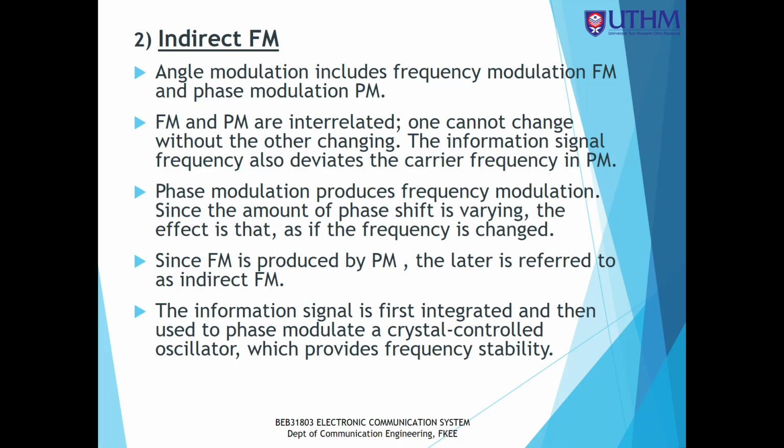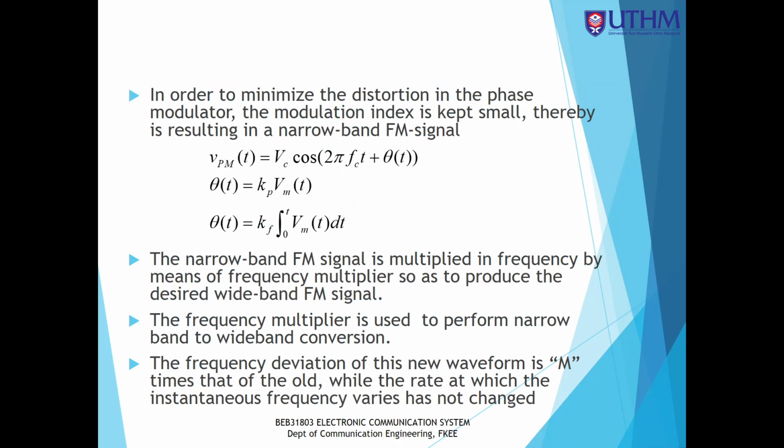Okay. So, in this case, okay, macam mana dia buat? So, perhatikan ayat di sini. The information signal is first integrated and then used to phase modulate the crystal control oscillator, which provides the frequency stability. Okay. So, what happened is that you're going to do the integral process.